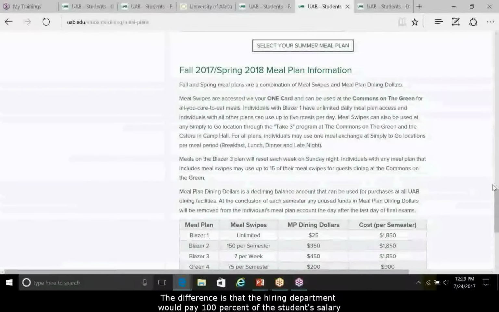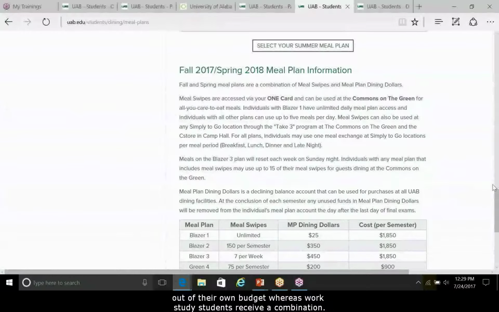The difference is that the hiring department would pay 100% of the student's salary out of their own budget, whereas work study students receive a combination. The department pays a portion of their salary, and then a portion comes from the federal government fund for work study. But students can definitely work on campus under either program.